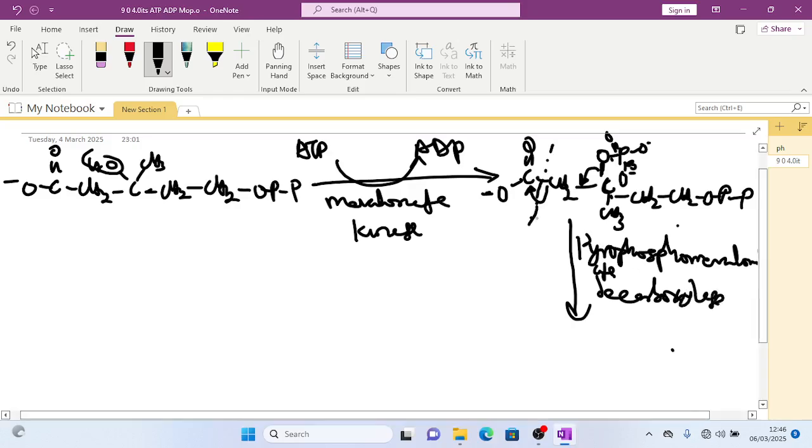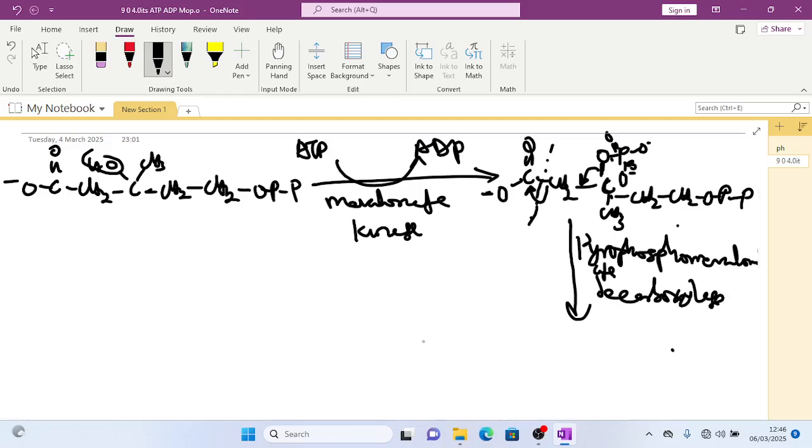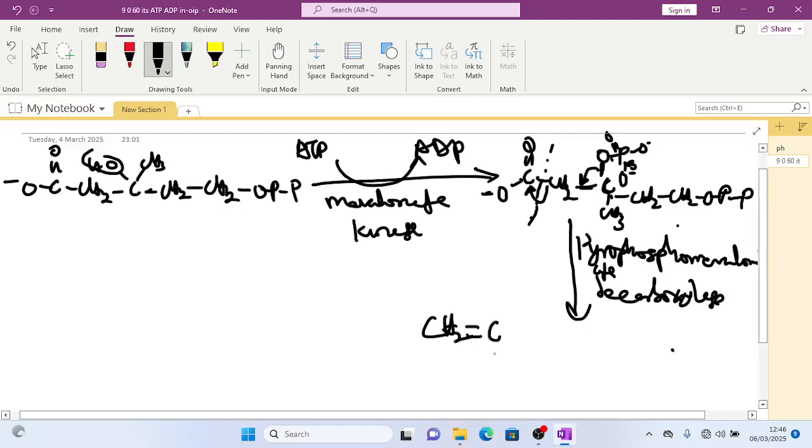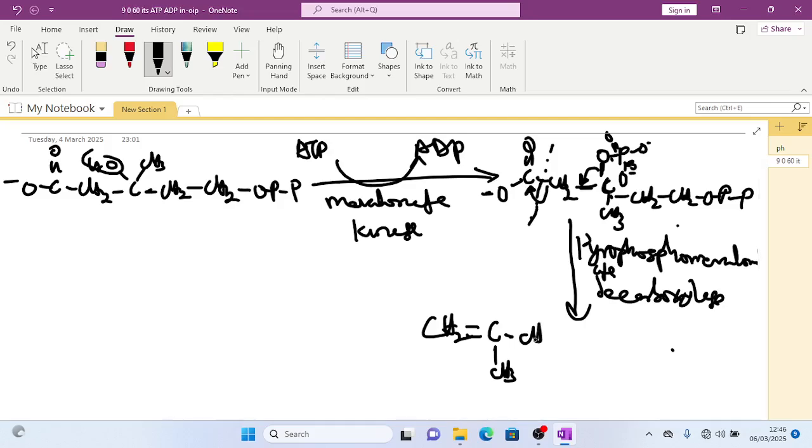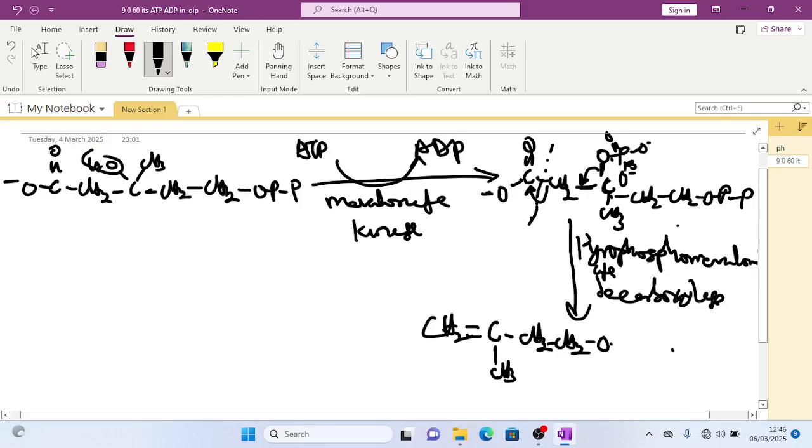So because we are losing this carbon dioxide, what do we get? We have CH2. Now there's a double bond here. So this is the double bond, and then the C, and then this is CH3, and then we have CH2, CH2, and there are two phosphate groups.